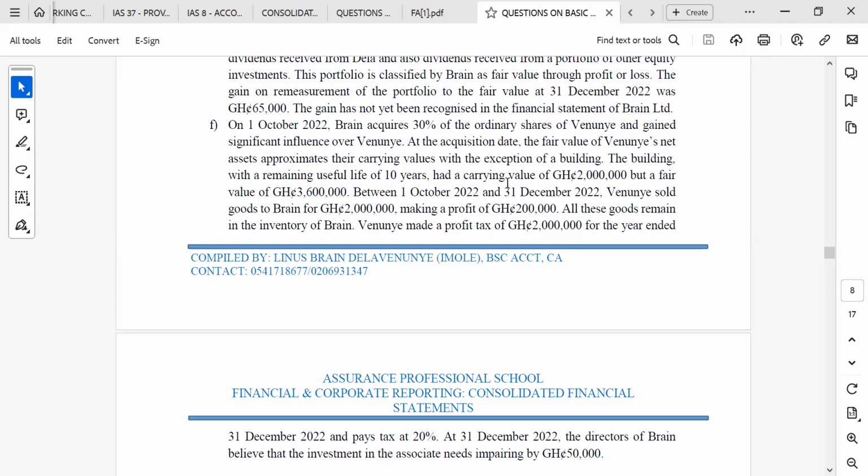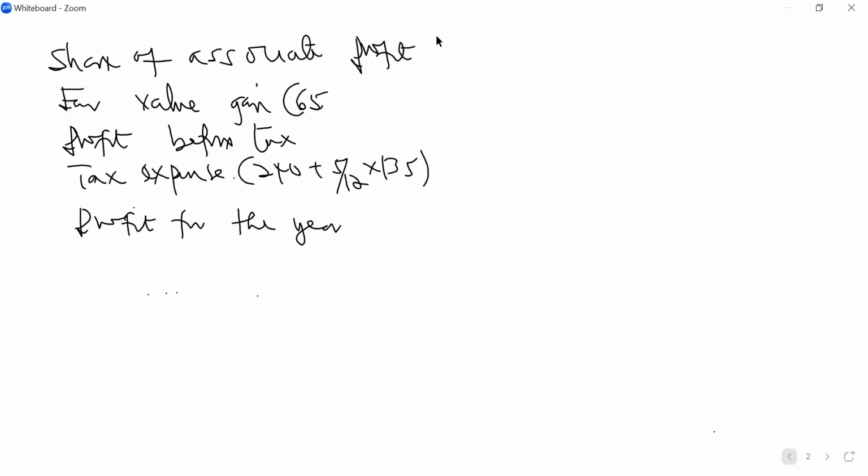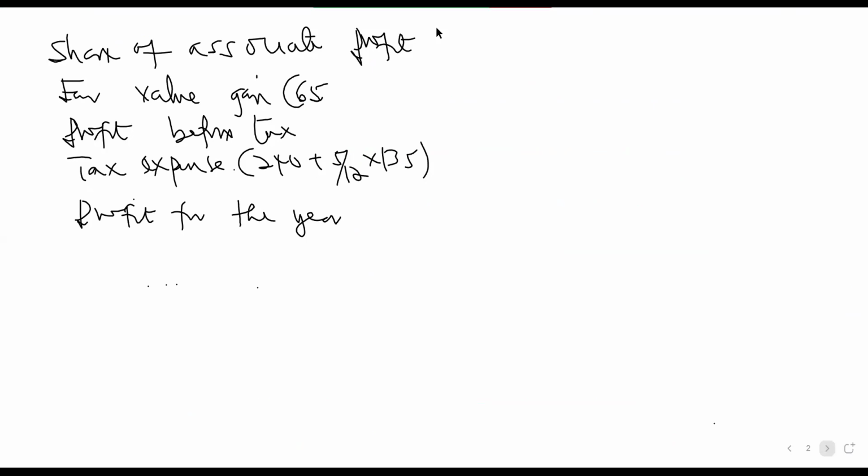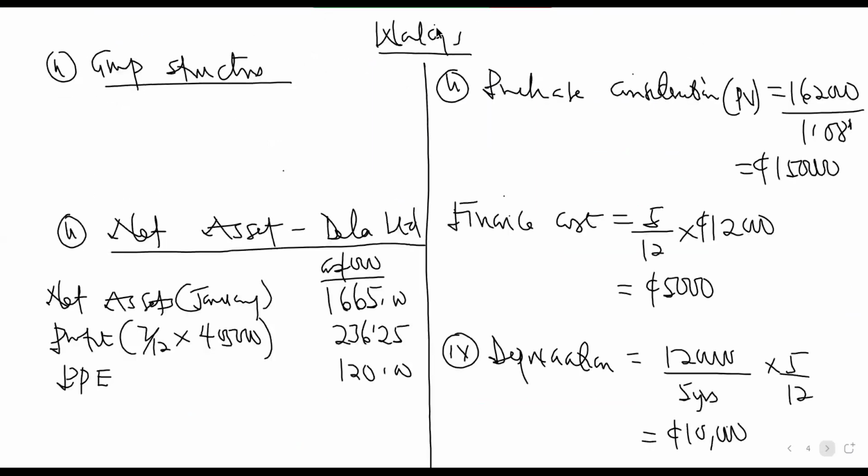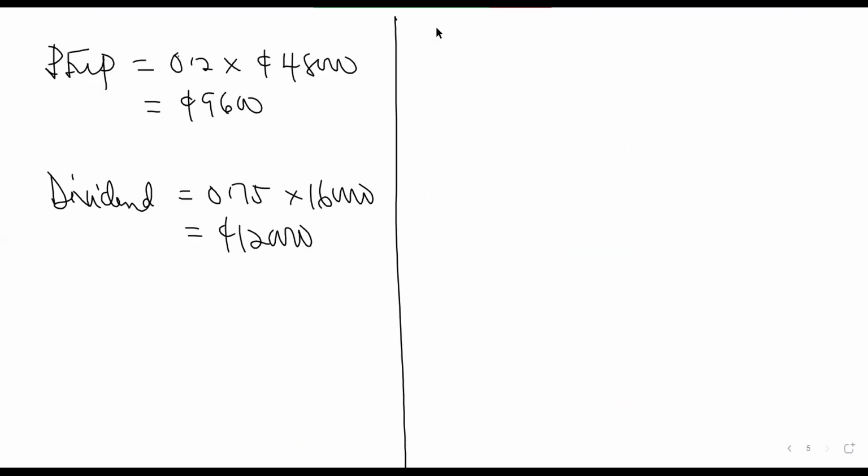So let's start with the profit for the year. Let's go to the investment in associates. So let's come here and put 7 here.